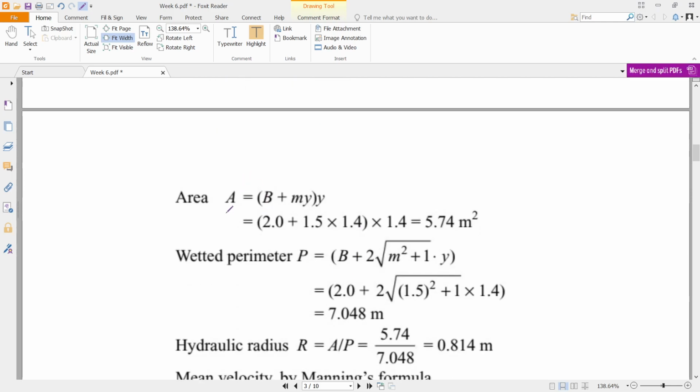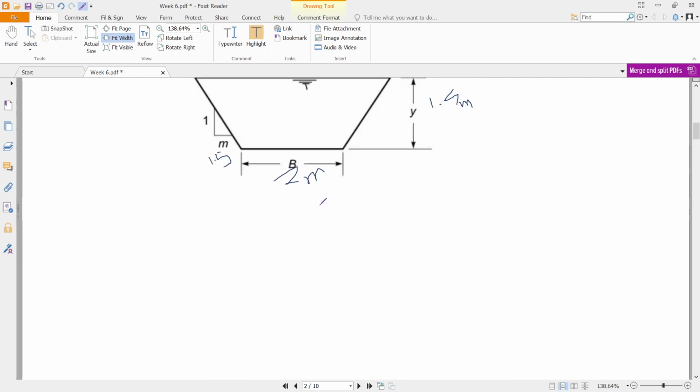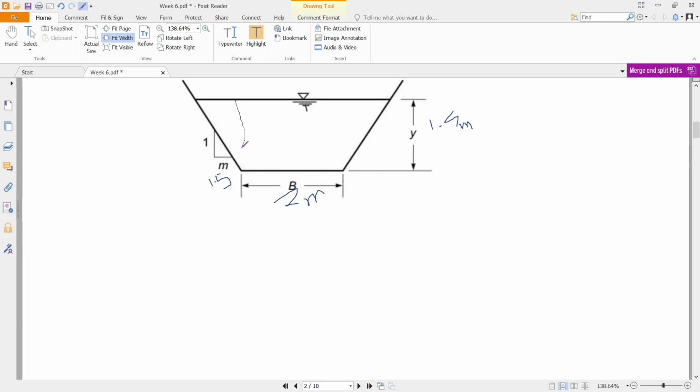The area for this channel, if you do the calculations, will be A equal to (b plus m y) into y. How have we obtained this result? If you draw a vertical line here, this is 1 is to m, then just by using the trigonometric ratio, say this angle is theta, then this angle will be theta.